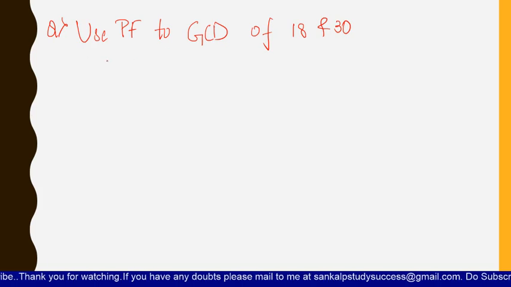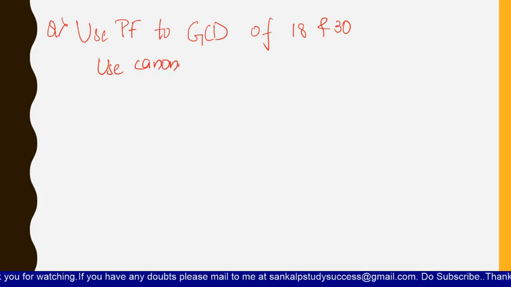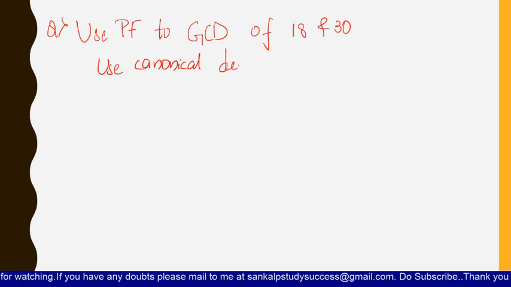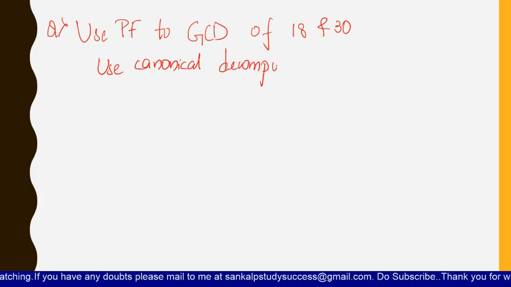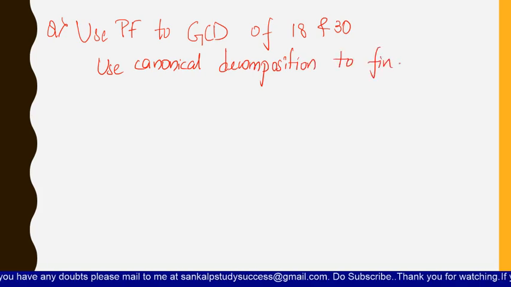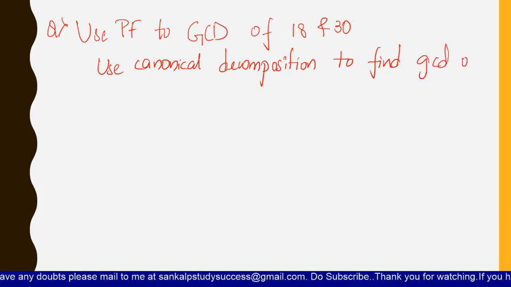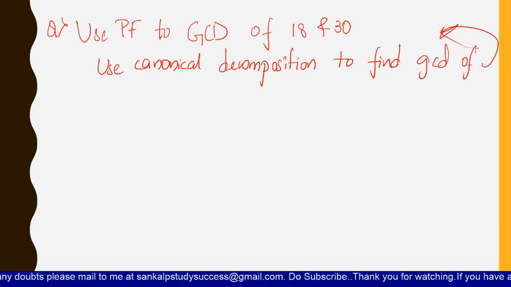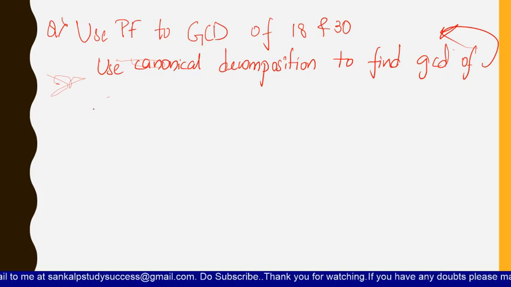You can get the question in the form of: use canonical decomposition to find the GCD of, again, 18 and 30. Okay, both the questions are one and the same. So let us see how to solve this question.